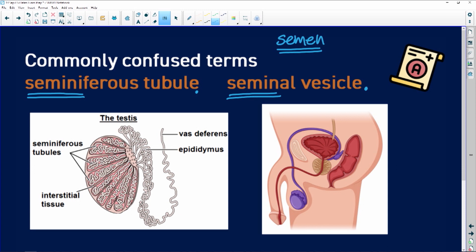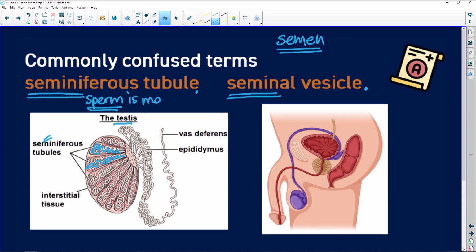All right? So, seminiferous tubules are these spaghetti-like tubes inside the testes. And the seminiferous tubules are where sperm is made. Sperm, all right? Not semen.